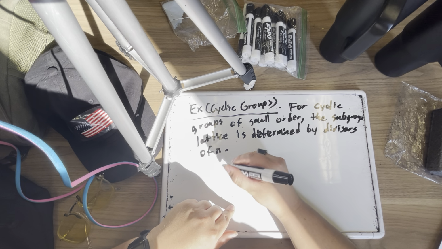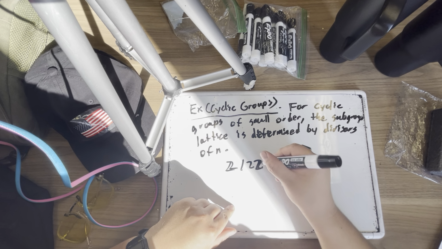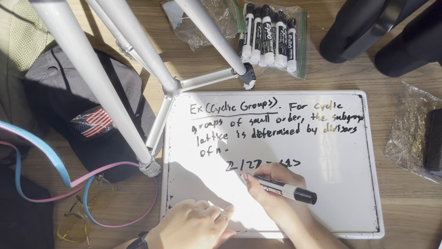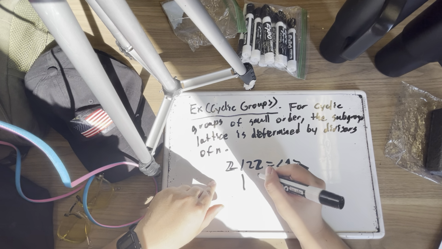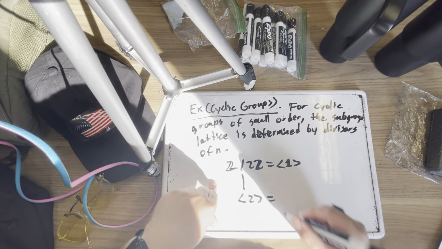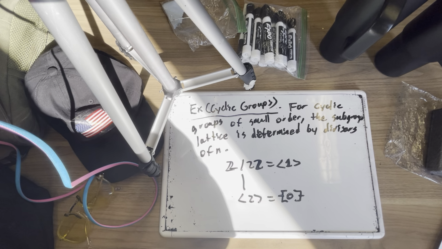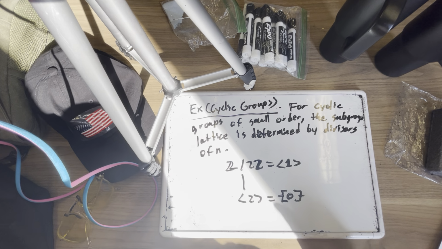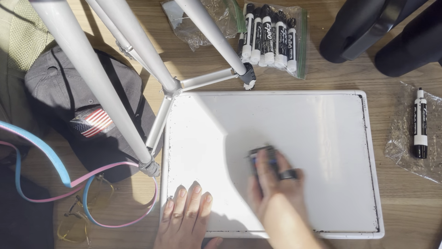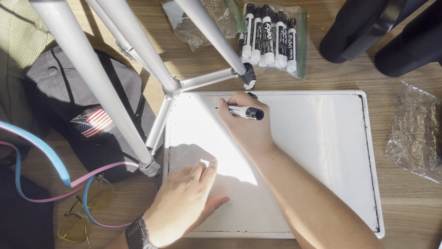So for instance, this is how we'd show the integers mod 2. It's equal to the group generated by 1, and we do this line here and show that the group generated by 2 is equal to the set containing 0. So that's what we do for the integers mod 2.